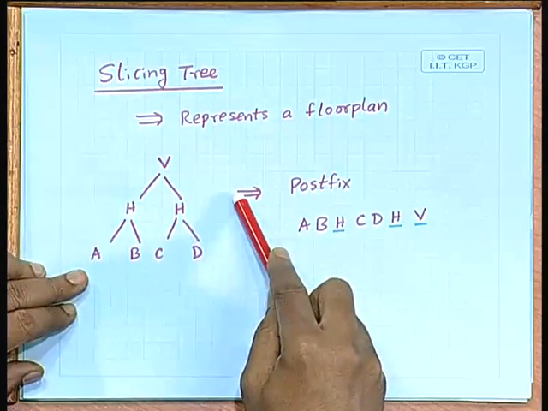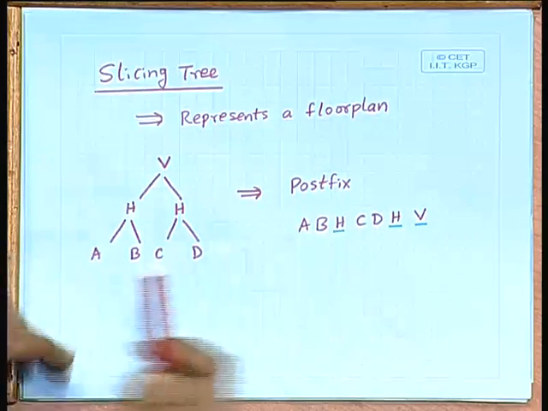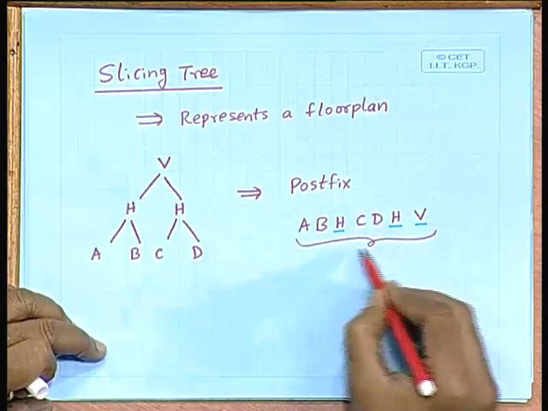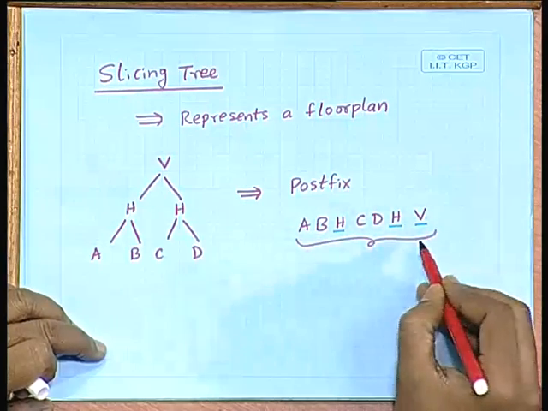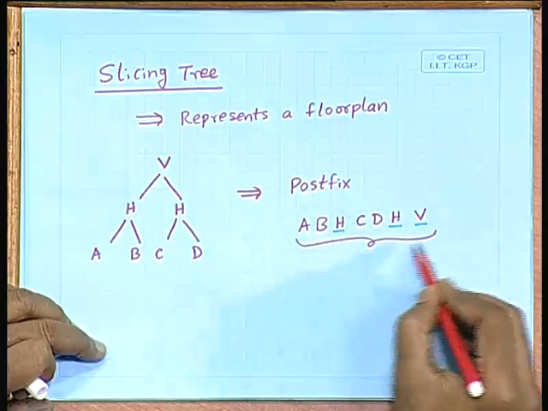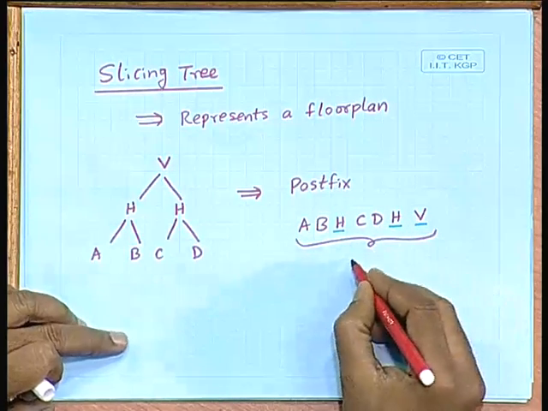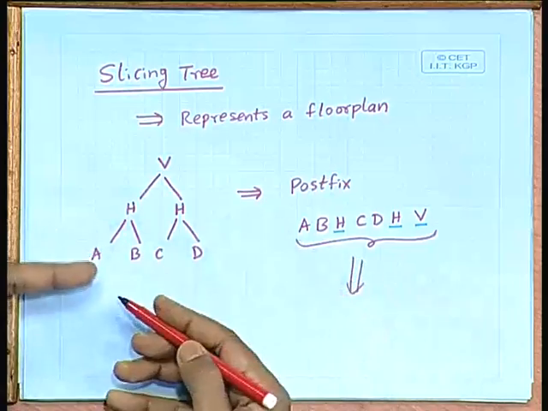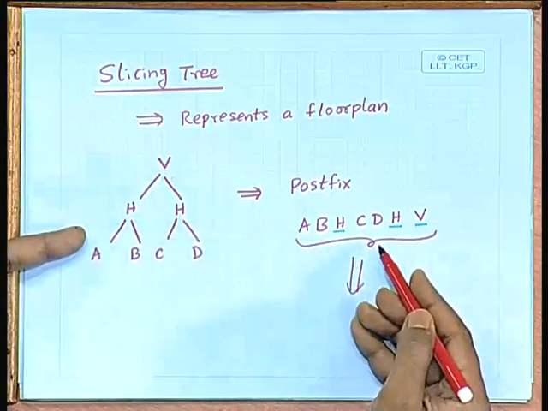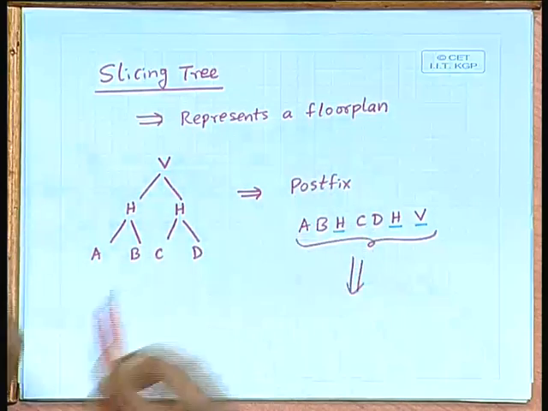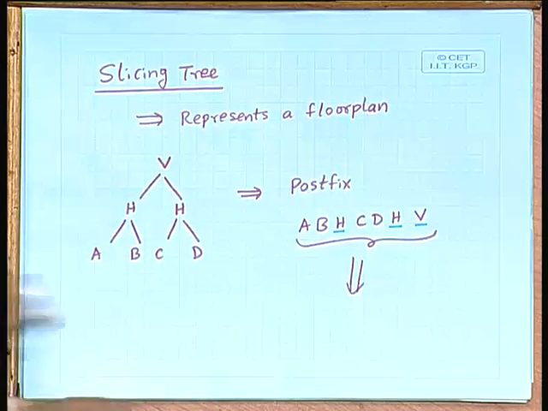So, in order to move from one floor plan to the other, we define moves which are actually some perturbations or modifications on this postfix structure itself. So, we modify this postfix structure in such a way that we get another postfix structure which represents a move, which will correspond to some other slicing tree, which in turn will correspond to some other floor plan, right.